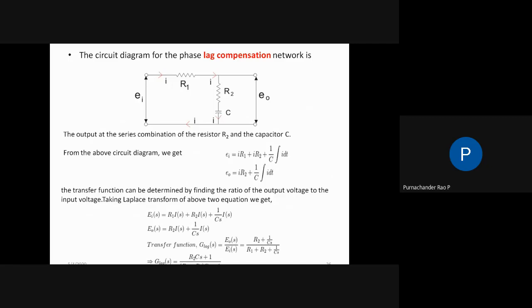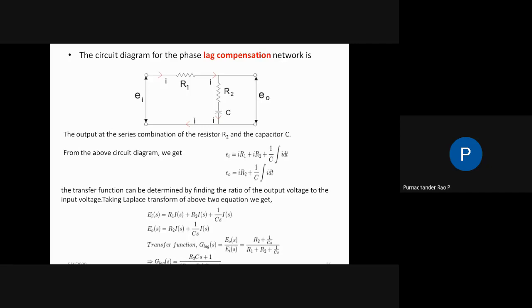So E0 will be equal to I into R2 plus 1 by C times the integral of I dt. Taking the Laplace transform of these two equations gives Ei(s) and E0(s). So Ei(s) is equal to R1 I(s) plus R2 I(s) plus 1 by Cs into I(s).